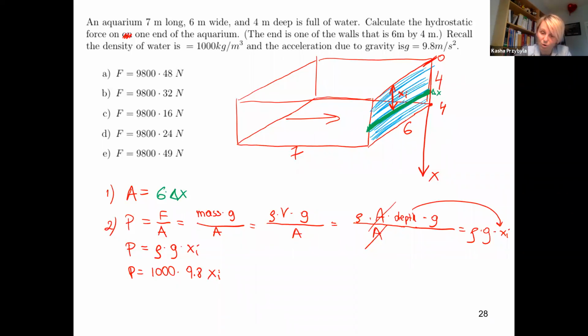Now we need force, and this is everything for one slice. Force is simply pressure times the area. Pressure is 1000 times 9.8 x sub i, and the area is simply 6 delta x. And we know that this is just one slice. In order to add all of the slices to cover the distance from 0 to 4, I have to integrate.